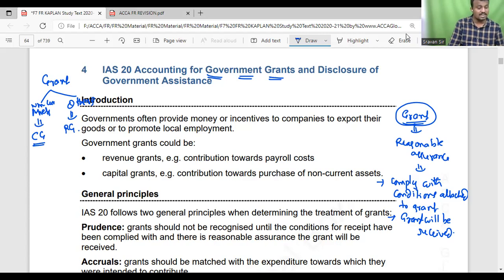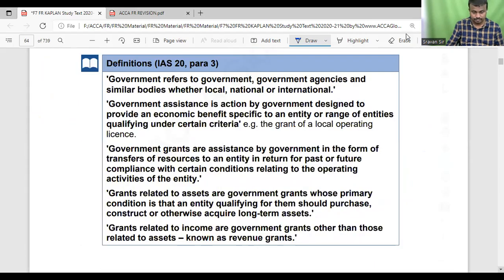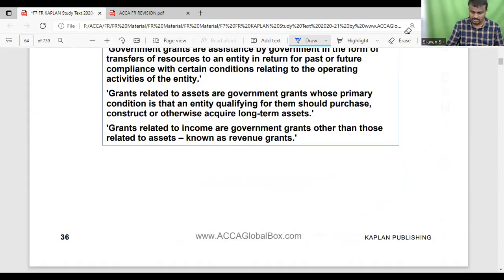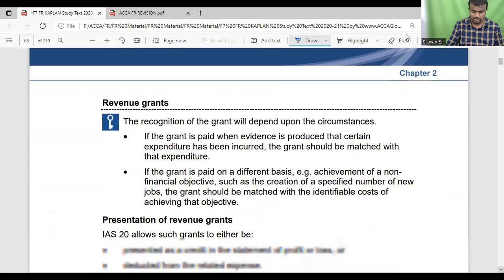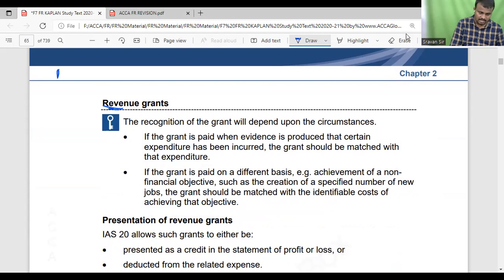So a capital grant is the grant provided towards the acquisition or construction of a non-current asset like property, plant and equipment. That is said to be a capital grant, otherwise it is said to be a revenue grant. Then coming to the accounting for revenue grant, if the revenue grant is received, then we can account for it in two ways.